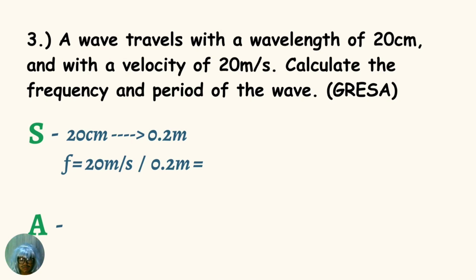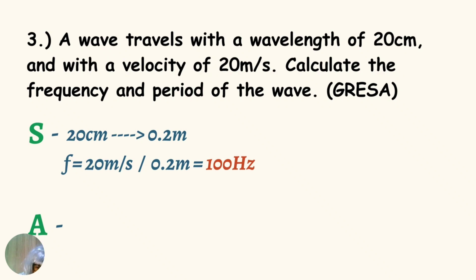And now we have that. We may solve for the frequency, just the speed divided by the wavelength. 20 meters per second divided by 0.2 meters would equal 100 hertz.